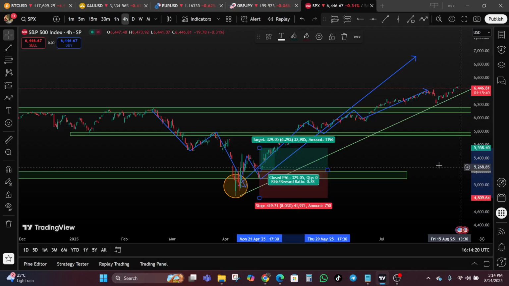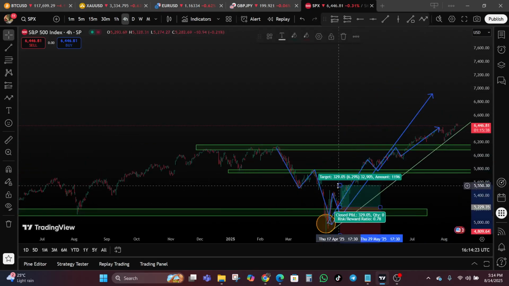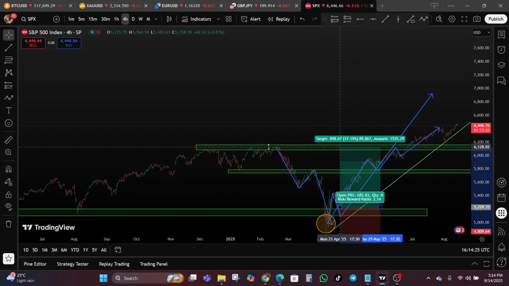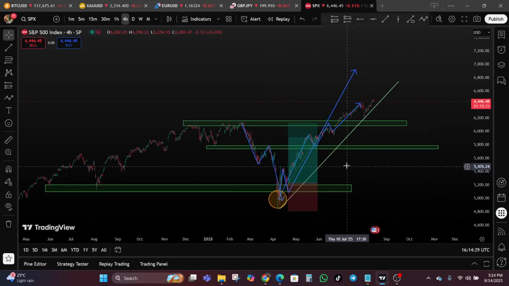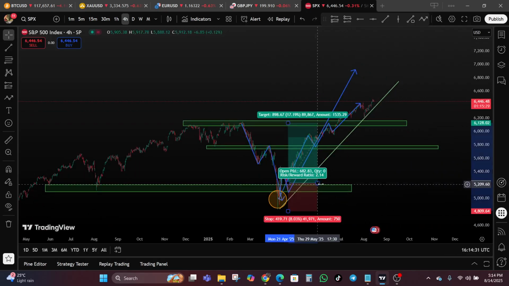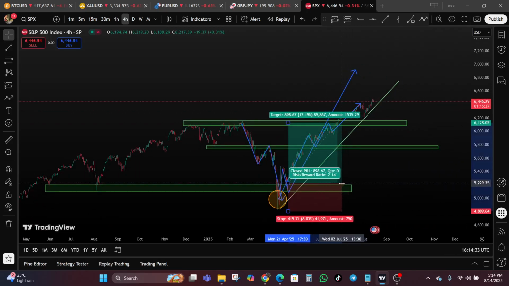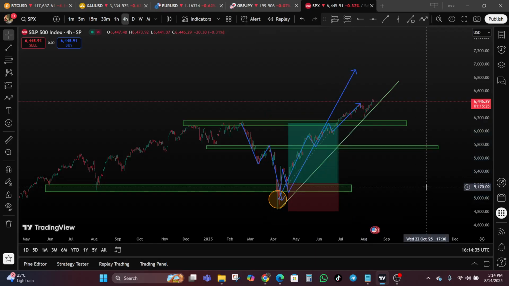For your targets, you can decide to use the next important key zones. For example, you can use this resistance zone as your take profit target. That's for a buy trade, obviously.